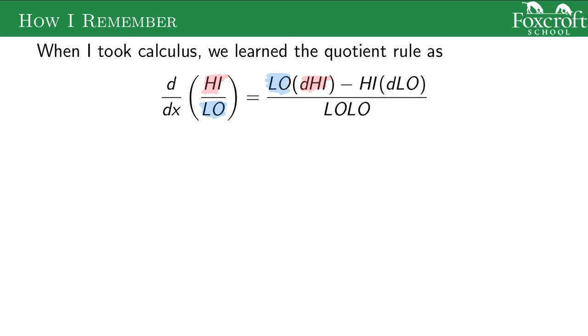This is low d high, minus the original high function times the derivative of the low function, so high d low. And on the bottom, we get that bottom function squared. Well, if it's low, squared means you have two lows, which is low low. So low d high minus high d low over low low is a fun way of saying the quotient rule. It also helps you remember the order each time.